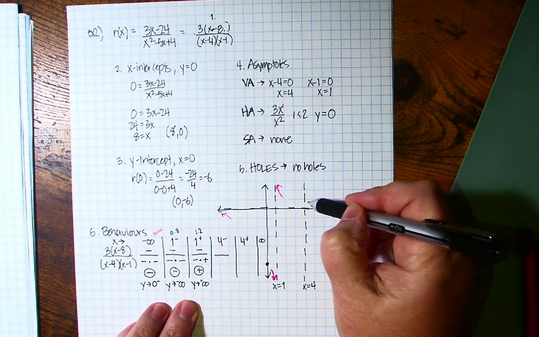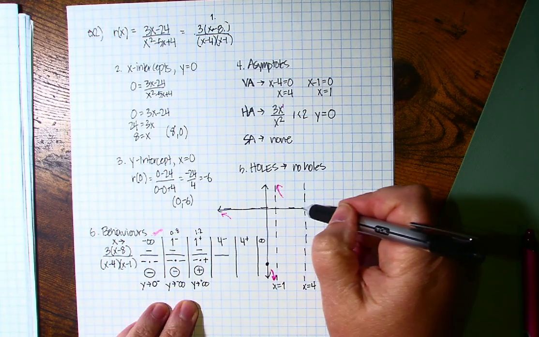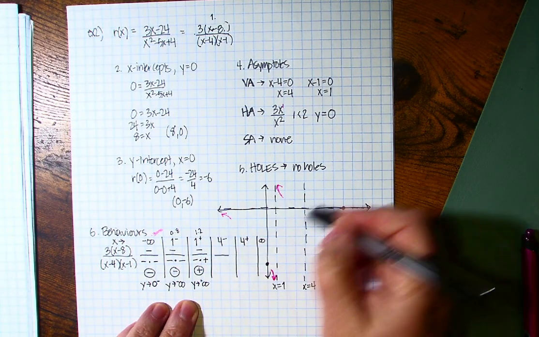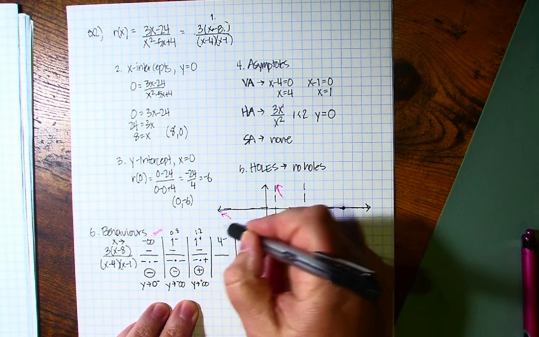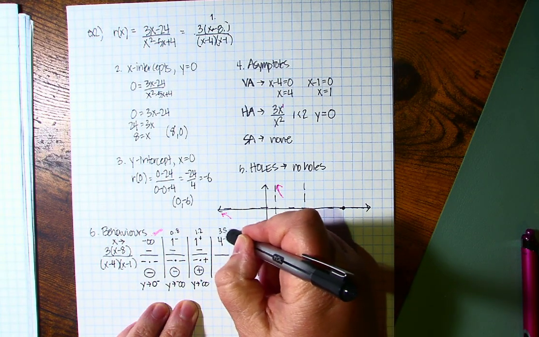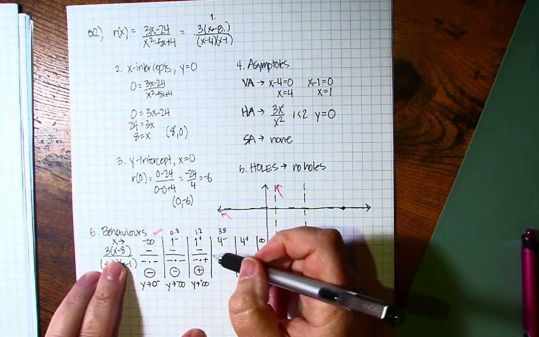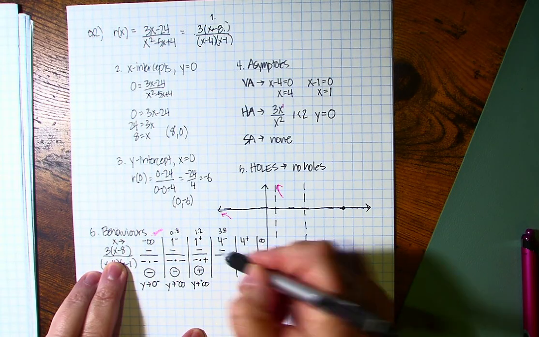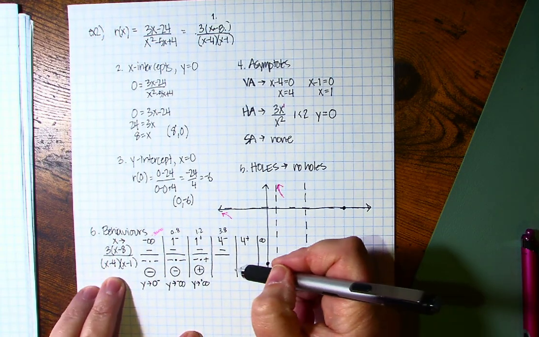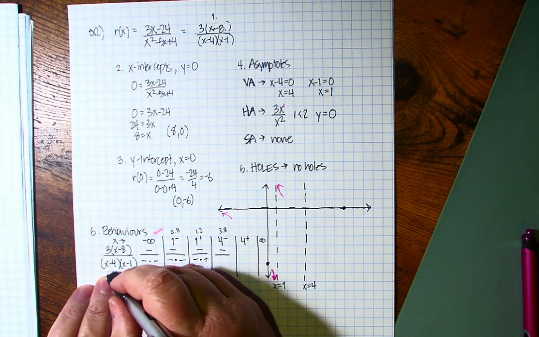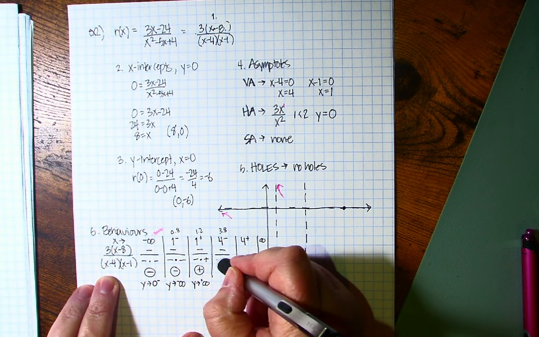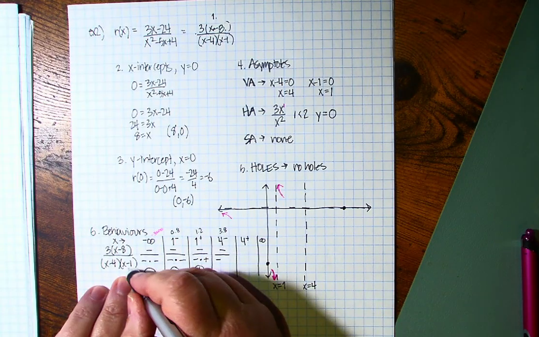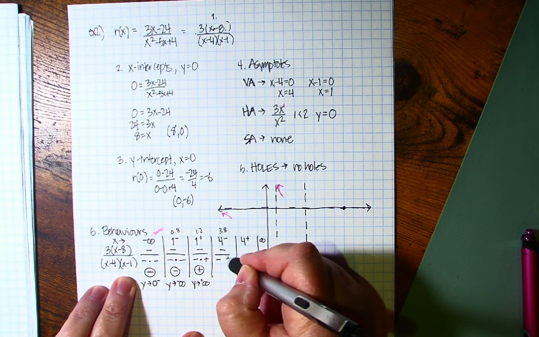All right, let's look at the 4. We're coming from the negative side, so instead of 4, I want something a little bit smaller, maybe a 3.8. So if I do a 3.8 and I subtract 8, that's negative. Multiply that by 3, it's still going to stay negative. 3.8 and I subtract 4, it's still negative. 3.8 and I subtract 1, that's positive.